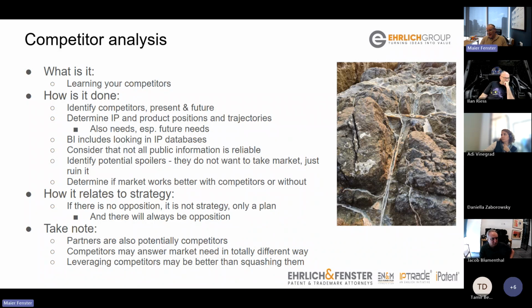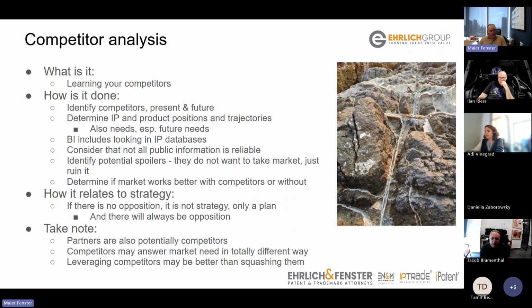So if you think of the real estate market, a very valuable product, perhaps a trade secret that they have, is a list of properties up for sale. So if somebody, instead of buying it or selling it, just publishes it on the internet, he ruins it for everybody. And something very important about competitors, we're calling them competitors, but you want to figure out if the market works better with competitors or without.